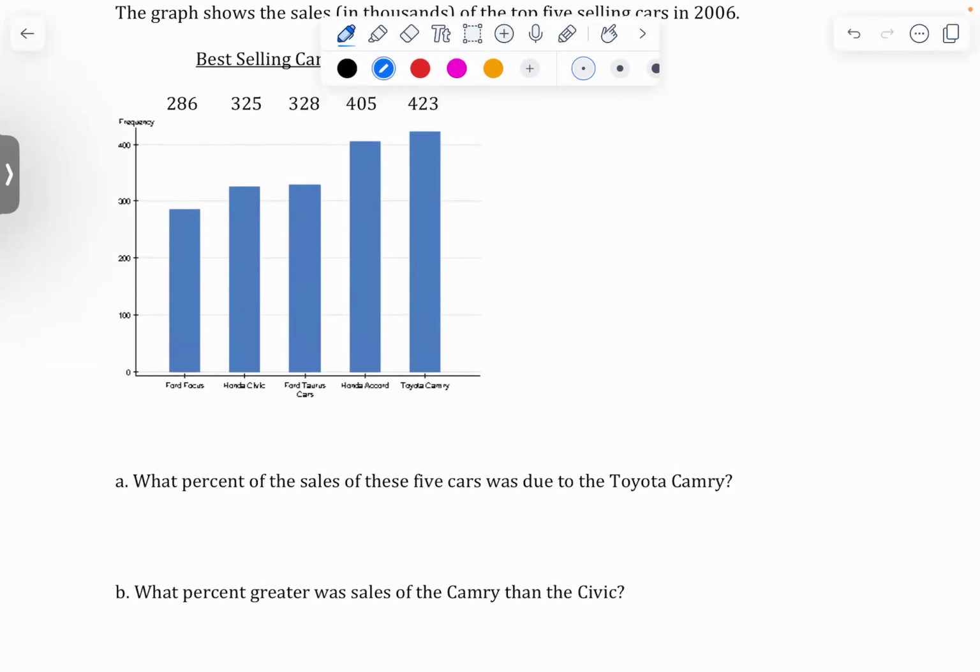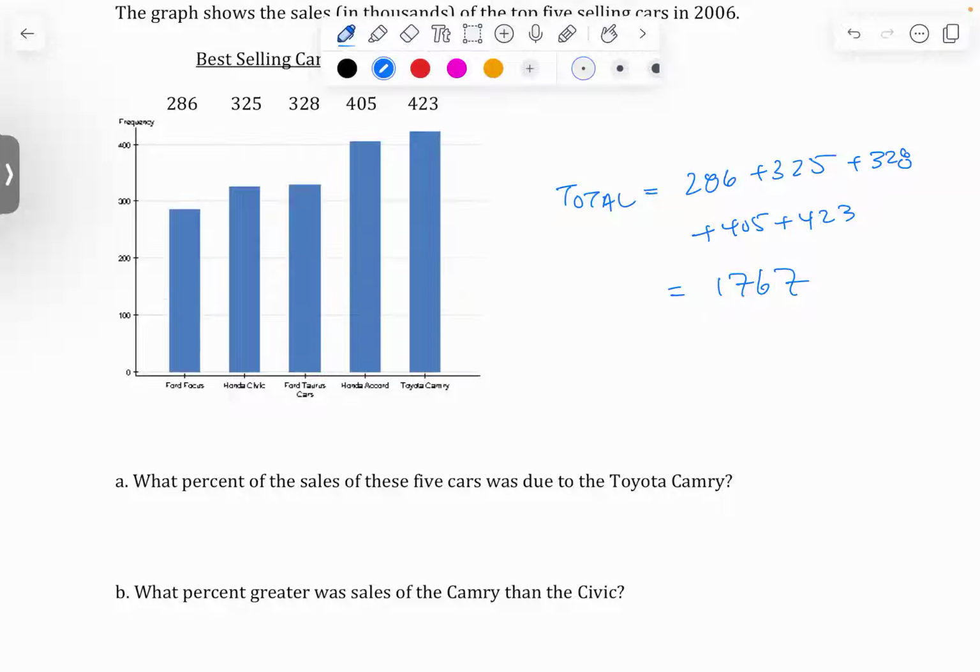In order, we want to find the overall total, which is just adding up all the cars. So that gives us 1767.